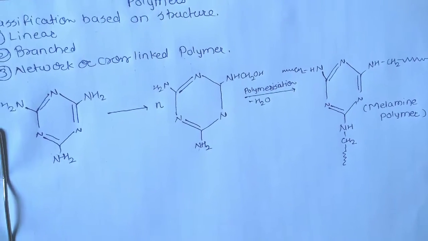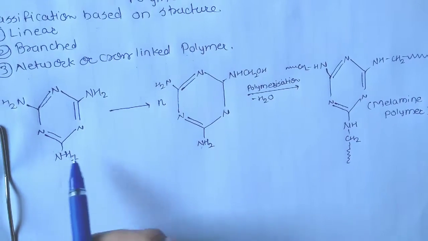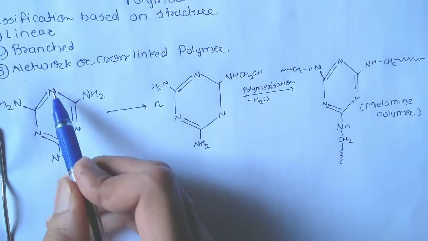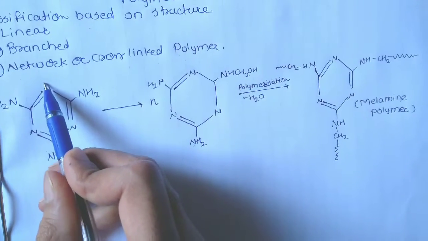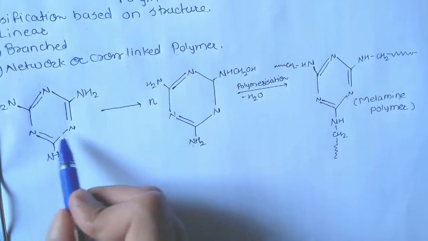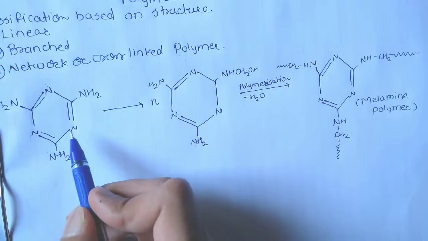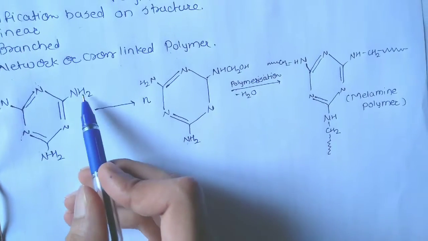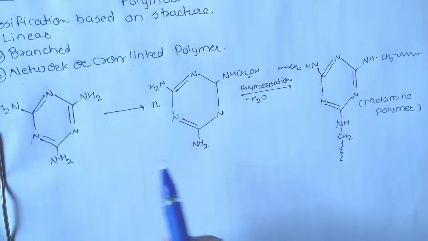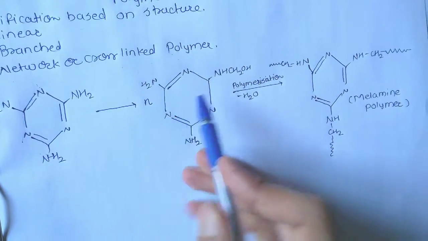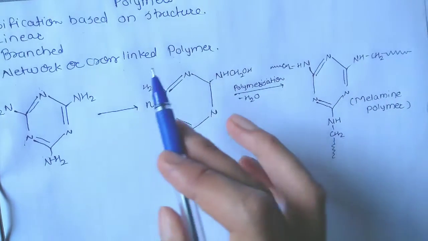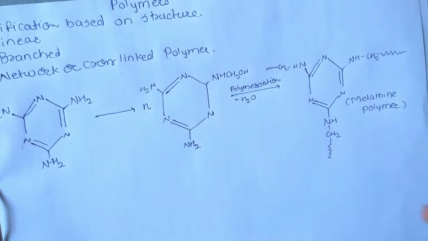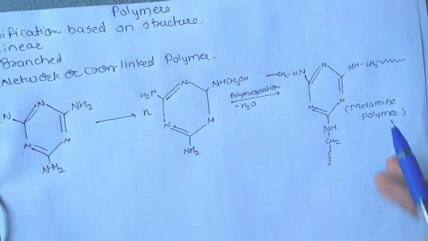First we learn how to write this structure. At the para and meta position, nitrogen is present, with alternate double bond and single bond, and NH2 is present. After it is a repeat unit, when we repeat this n times, we will get melamine polymer.